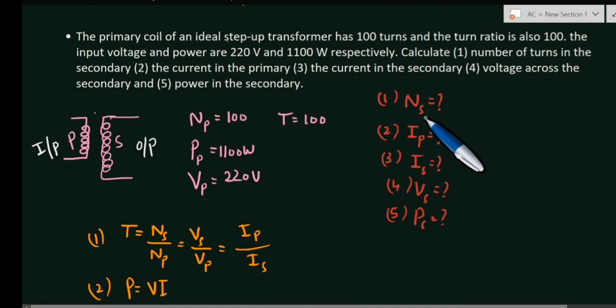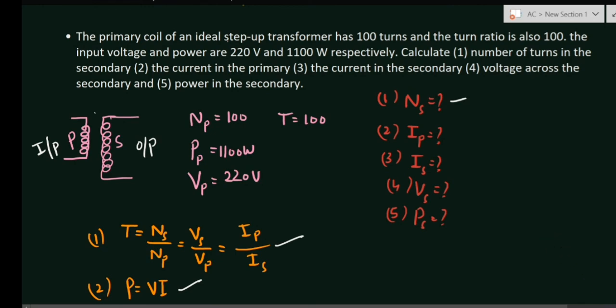So S means output side or secondary side, the secondary of the transformer. P means primary. For calculating all these values, I'm using these two formulas, the turn ratio formula and the power formula. We will solve the first one.